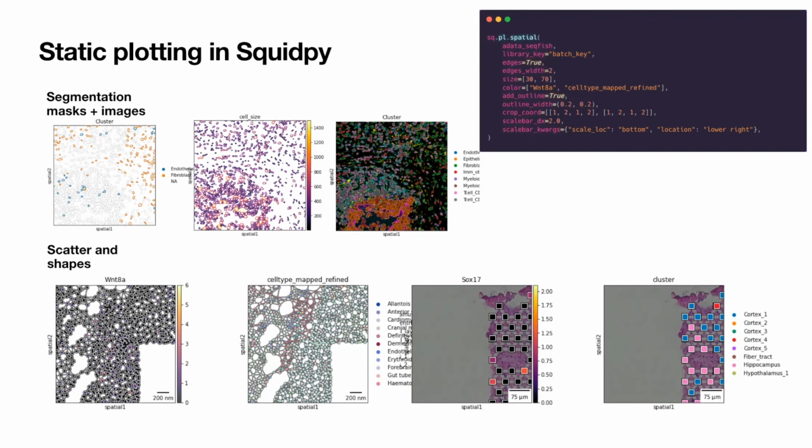It also allows you to plot the actual spatial graph, and of course color it by clusters or gene expression levels or whatever you're interested in. There are a couple of tutorials on this on our website already, so you can also check this out to see what kind of functionality there is now.